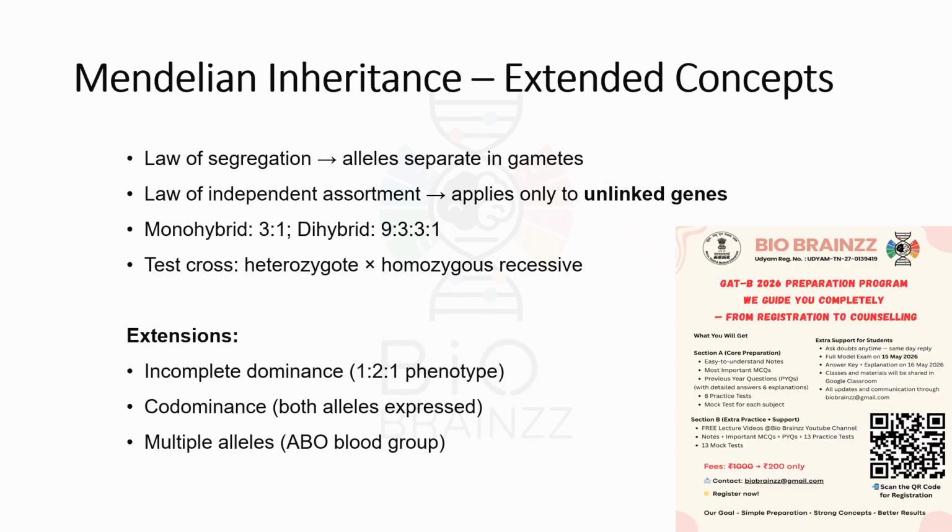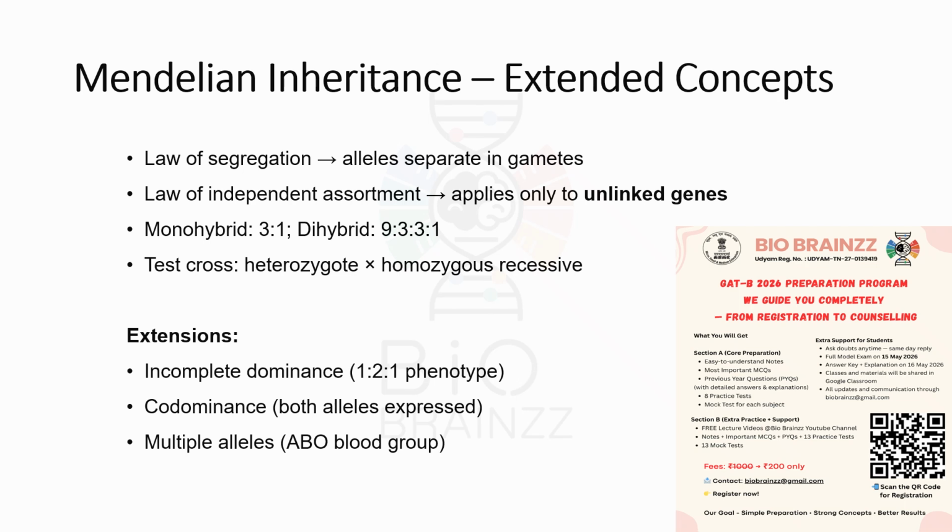Mendelian laws form the basis of classical genetics. The law of segregation states that alleles separate during gamete formation, while the law of independent assortment applies to genes located on different chromosomes. The typical monohybrid ratio is 3:1 and the dihybrid ratio is 9:3:3:1.